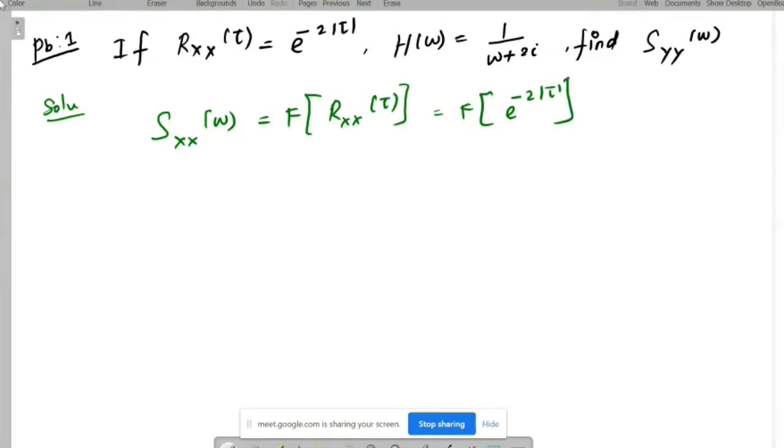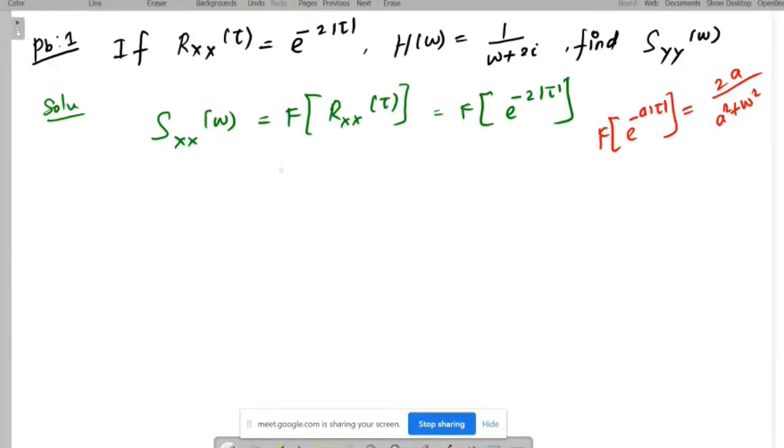You know the formula to apply the Fourier transform. I have already given the formula. The Fourier transform of e power minus a modulus tau is 2a by a square plus omega square, right? Instead of a, you can apply 2.